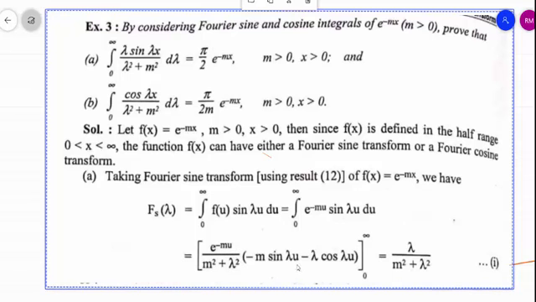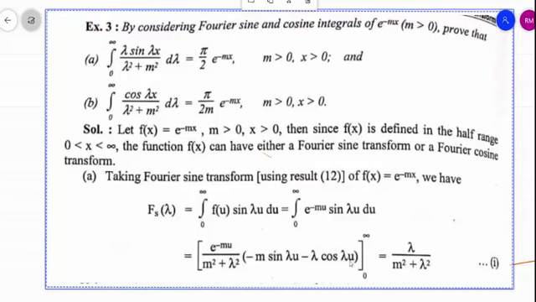After that, if you put u equal to 0, sin 0 is 0, so this term will vanish. Considering u equal to 0, cos 0 is 1, so we get minus lambda upon m square plus lambda square.